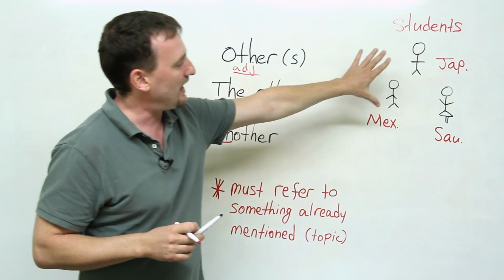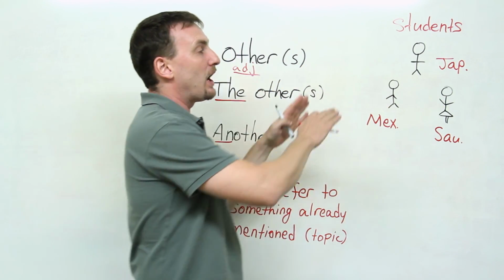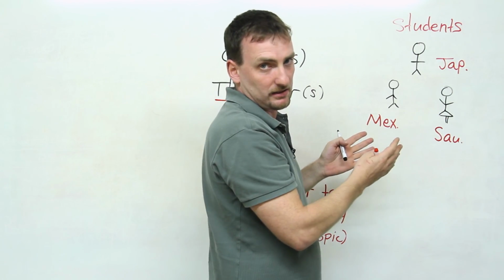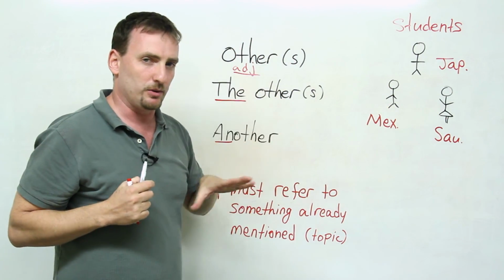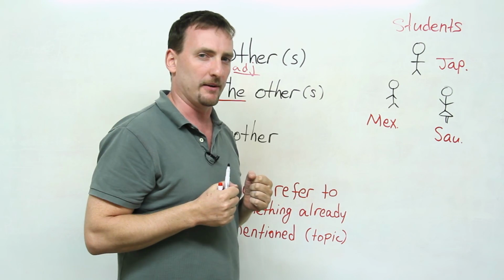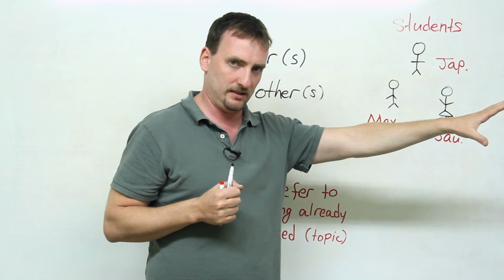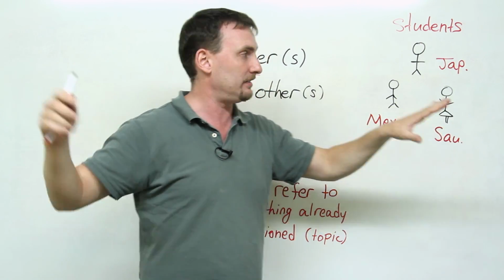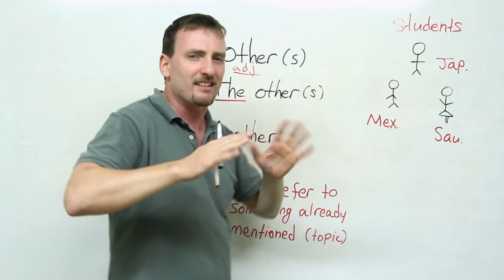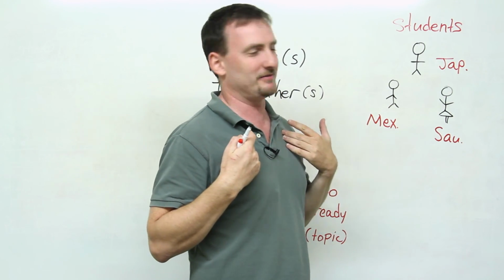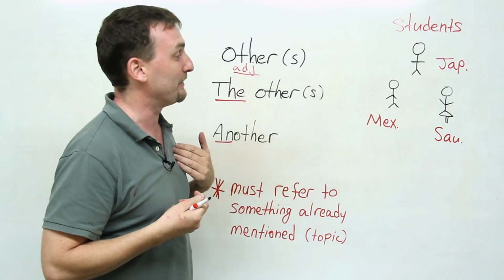Okay, so now I have my 3 students. Now I want to talk about my whole class. Okay? My students are very hardworking. Other students, meaning in other classes, okay, they don't work as hard as my students. But that's a good thing, right, for me.